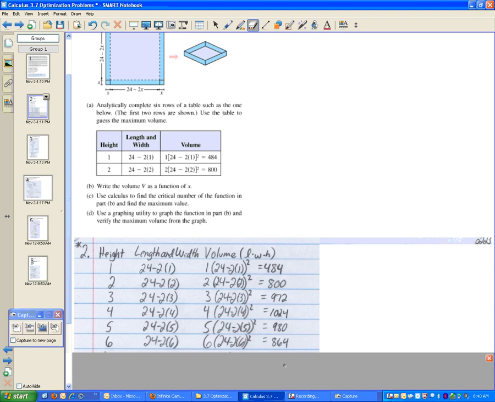And you can get the final volumes from me: 980 and 864.